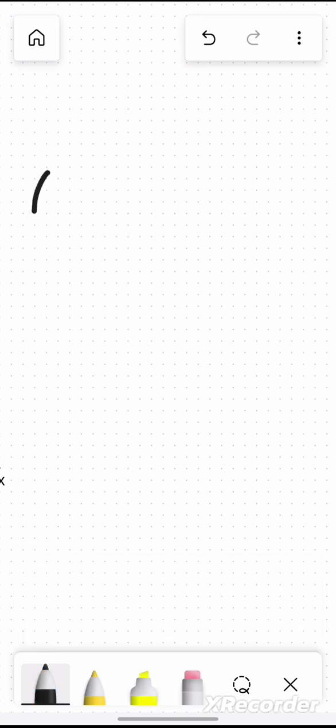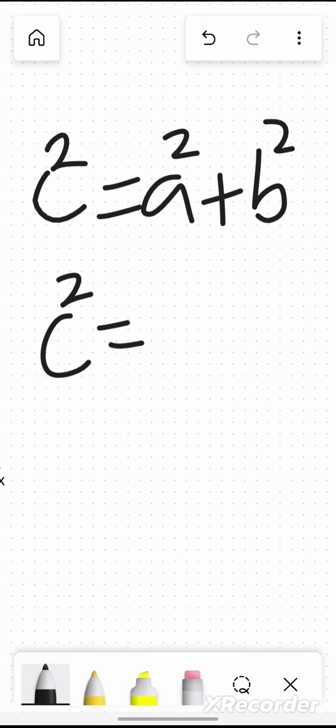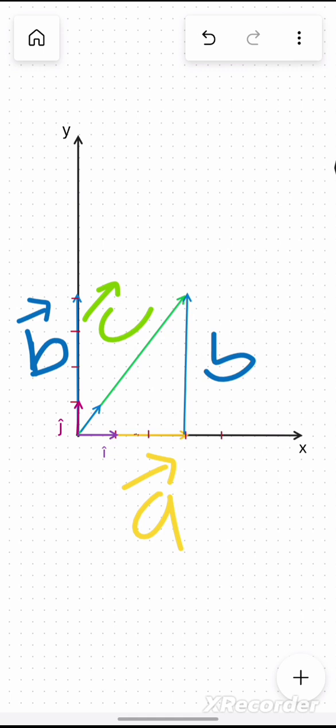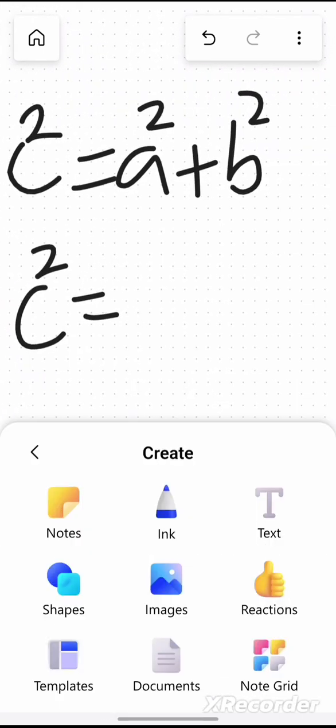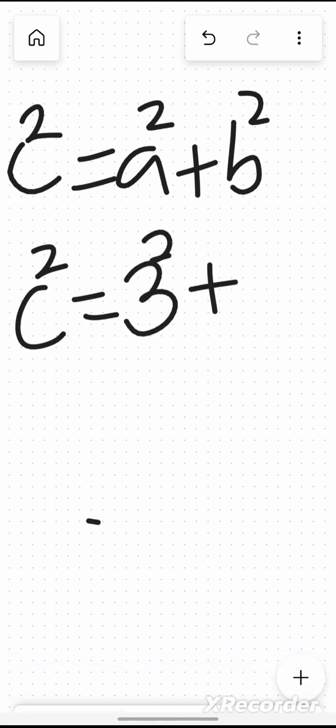C squared, if you remember the Pythagorean theorem, is equal to A squared plus B squared. So therefore we can say that C squared is equal to A is what? 3 units, 1, 2, 3. A is equal to 3 squared, plus, what's the magnitude of B?